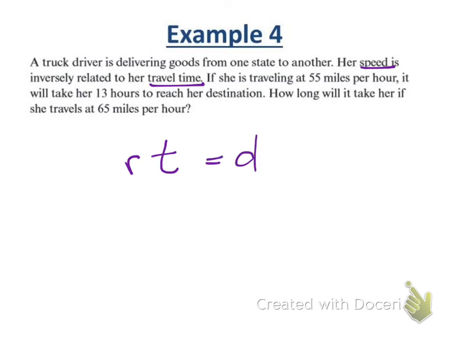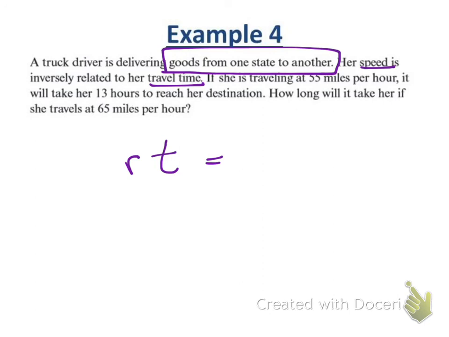So in D equals RT, R and T are inversely related to one another. Distance is directly related to rate and time. So we're treating distance as a constant. Why is distance constant? Because the states aren't moving. She's moving her goods from one state to another. The distance is fixed. The distance between Jackson, Tennessee and Memphis, Tennessee is not changing very much at the moment.